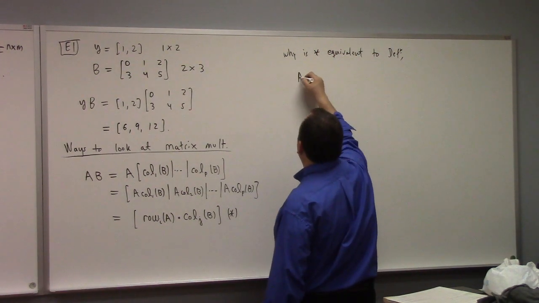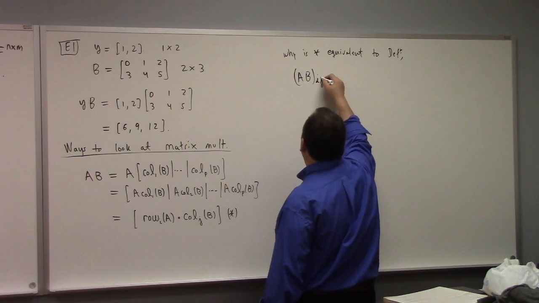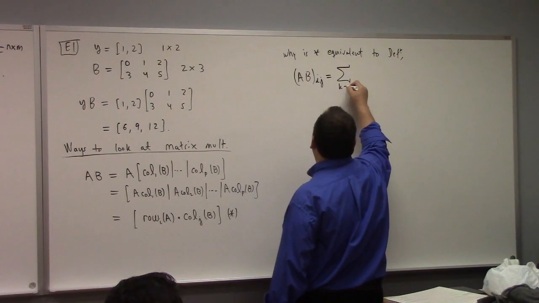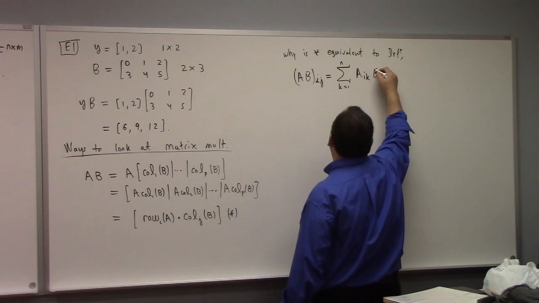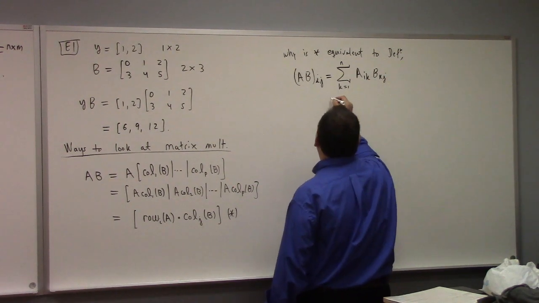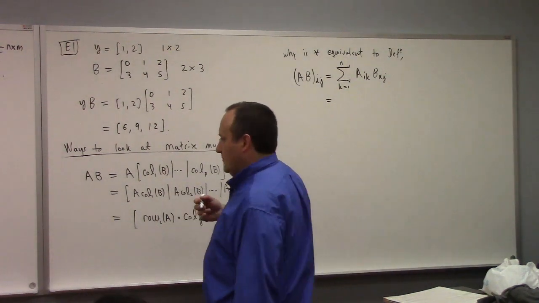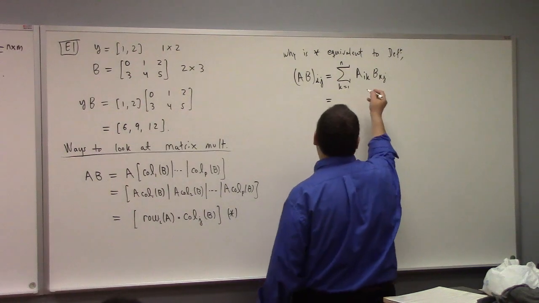Well, if we look at AB, the ijth component of it, as the sum k equals 1 to n of a_ik b_kj, we just need to think about what's the definition of, what is this, a_ik? Well, this is the kth column.